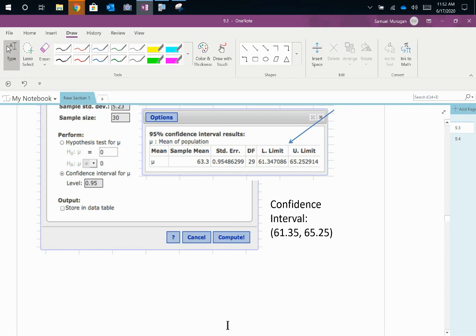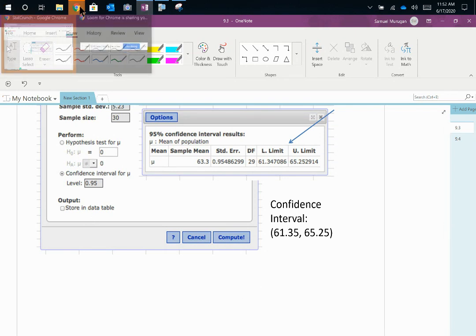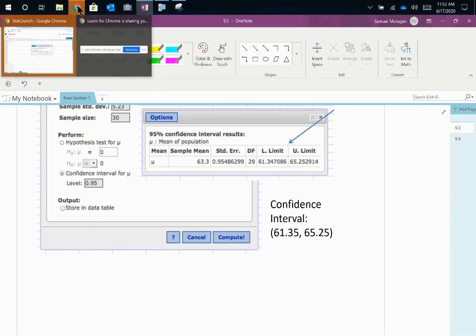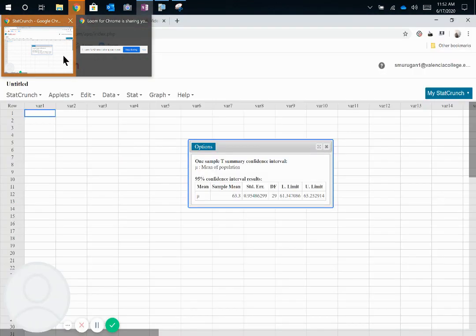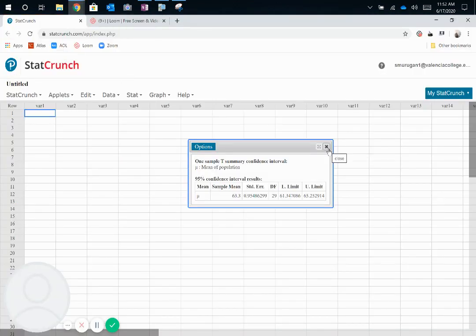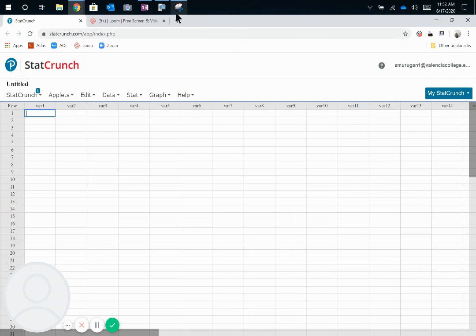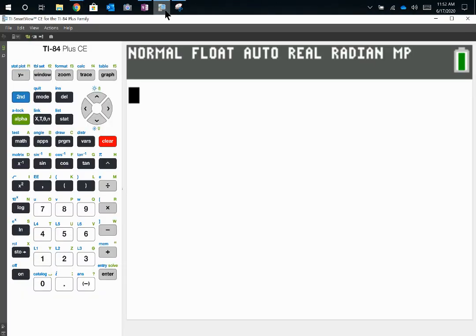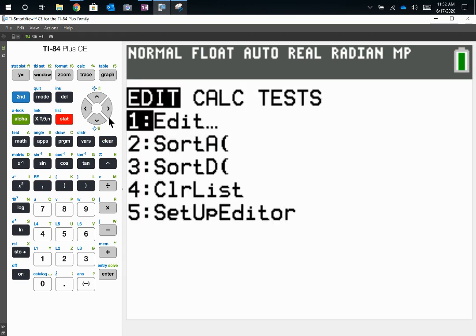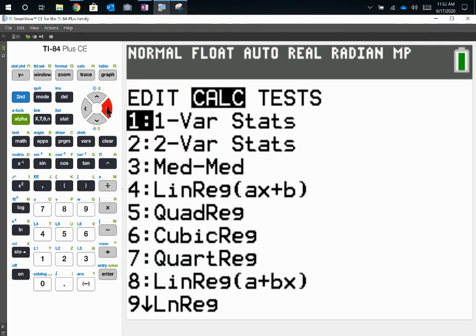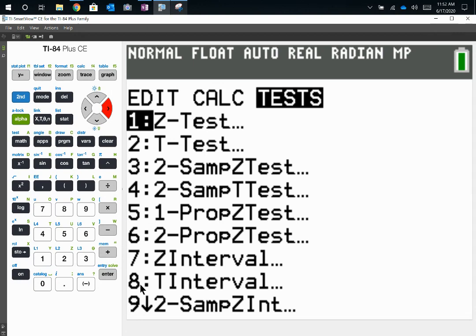I also want to do this with the calculator. And actually, this is one of those cases where it's faster with the calculator. Okay, so let's open up our calculator. Here we go. Calculator. Stat. Test. And select number 8.